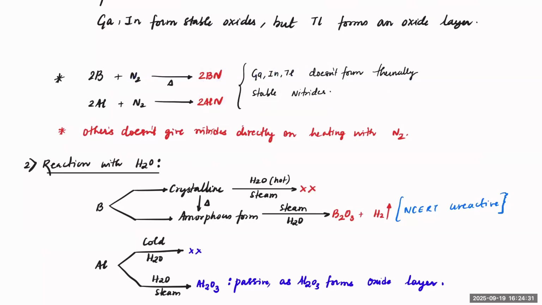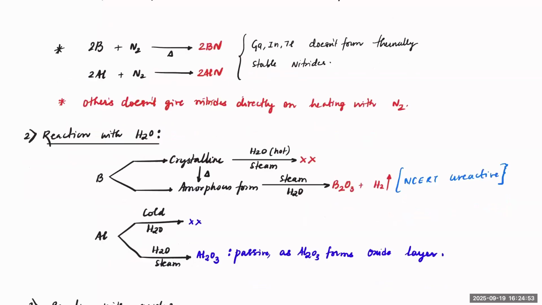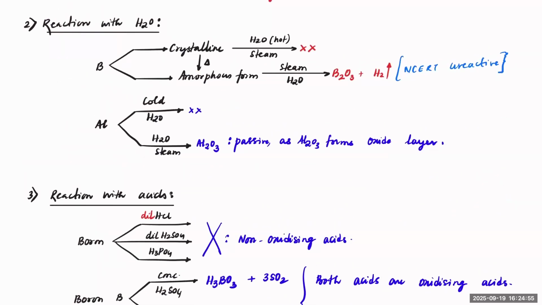That means if we compare their bond energy with nitrogen, it is not as strong as that of N2, because to make this reaction, the N2 bond needs to be broken. N2 is a very, very strong bond. So that is only observed between boron and aluminium. This is with air.